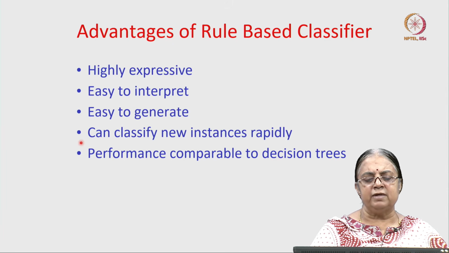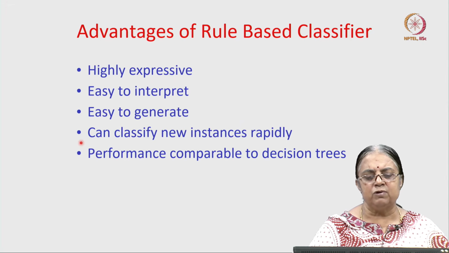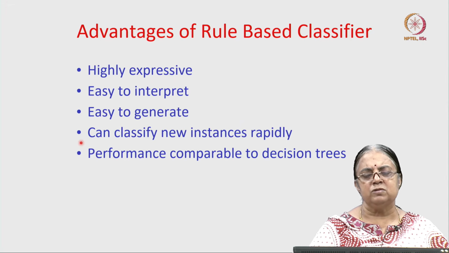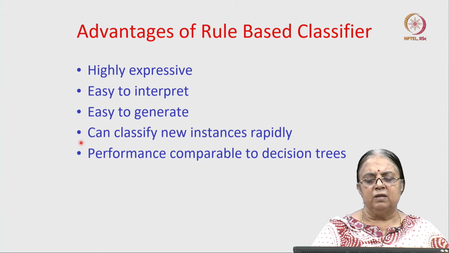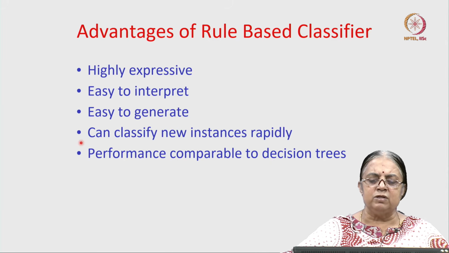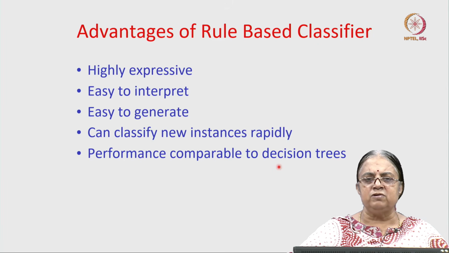So, it is highly expressive, and the explanation ability is very high. It is easy to interpret and easy to generate, because once you have got the rules, you just have to go down the rule set, and it can classify new instances rapidly. The performance is comparable to the decision tree. So, the decision tree and this are somewhat equivalent to each other.